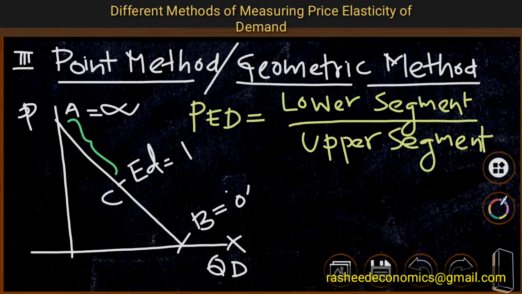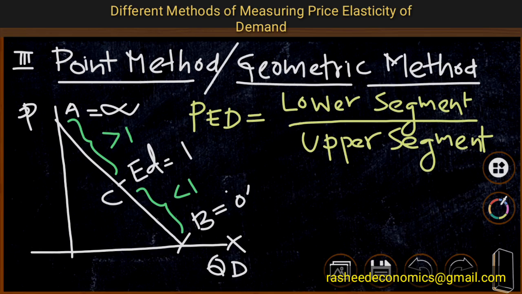Above the midpoint we have the area CA, and at any point on the area CA, we will have elasticity greater than 1. Similarly, at any point below C, that is in between CB, price elasticity of demand will be less than 1.